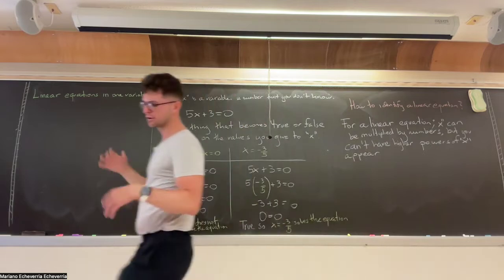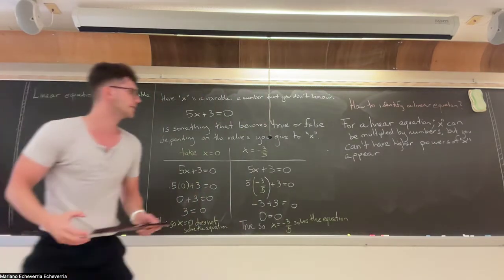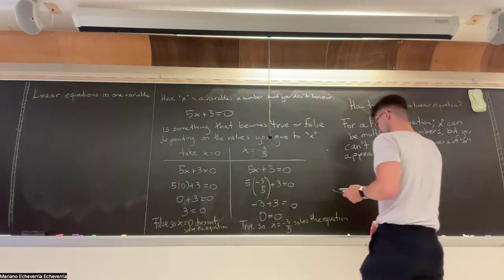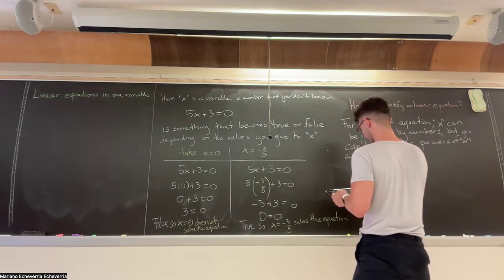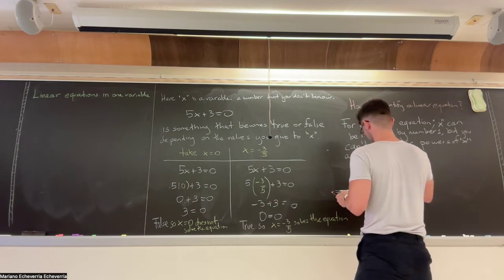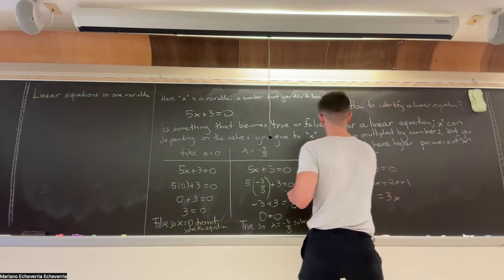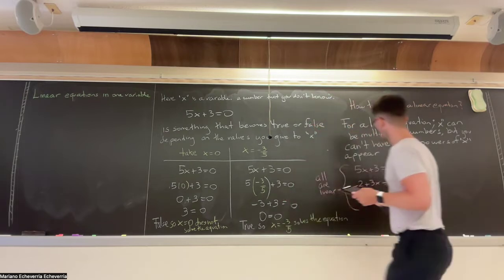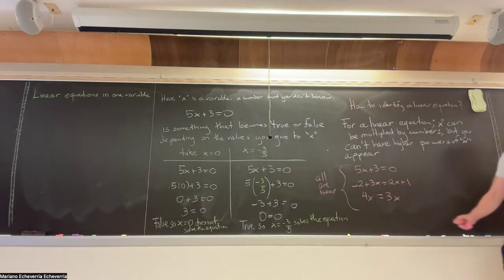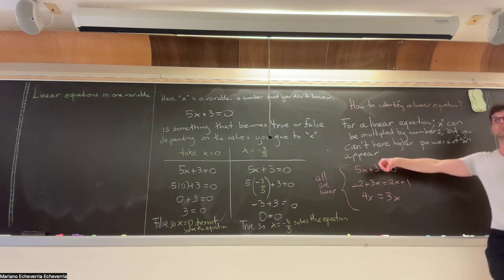Let me give you a good list and a bad list. The good ones are all linear. So for example, all of these are linear, because the rule is that you look at the variable x and it is only allowed to appear multiplied by a number.